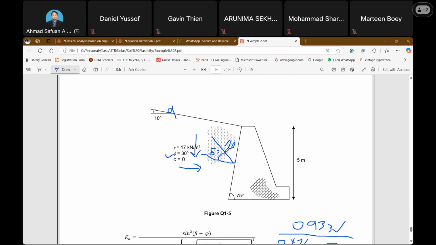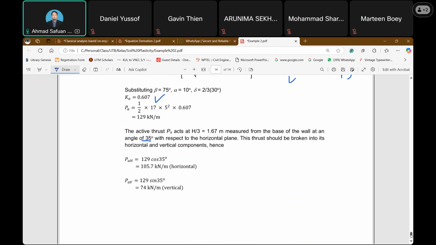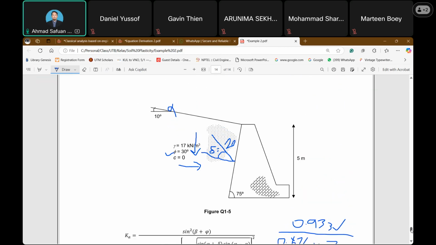So how do they obtain the 35 angle? So this is 90 degrees.